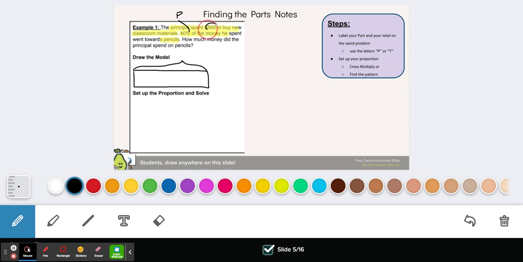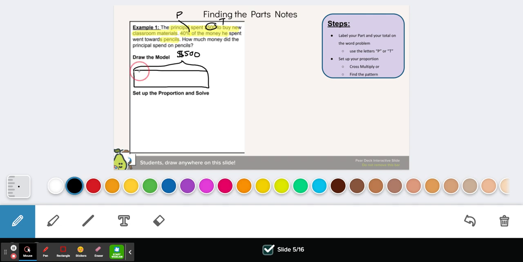So that means my 500 has to be the total, okay? So that means this whole thing is worth $500, okay? And if I want 40% of my money, we're going to see how much of a part that is.